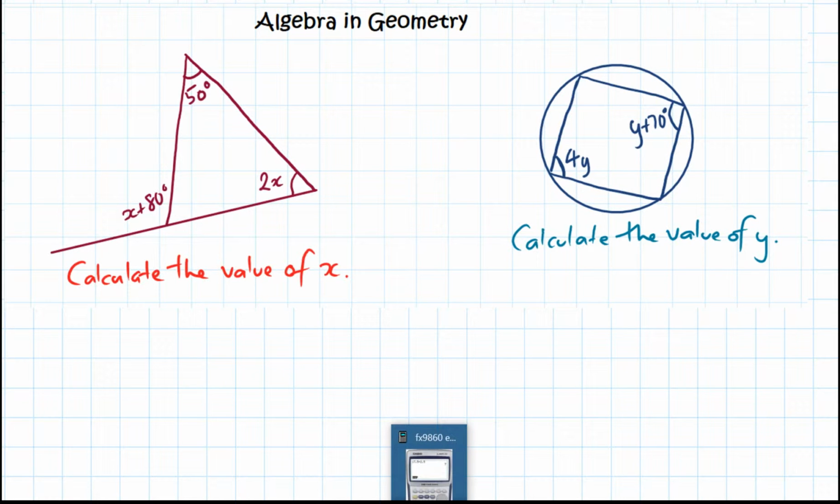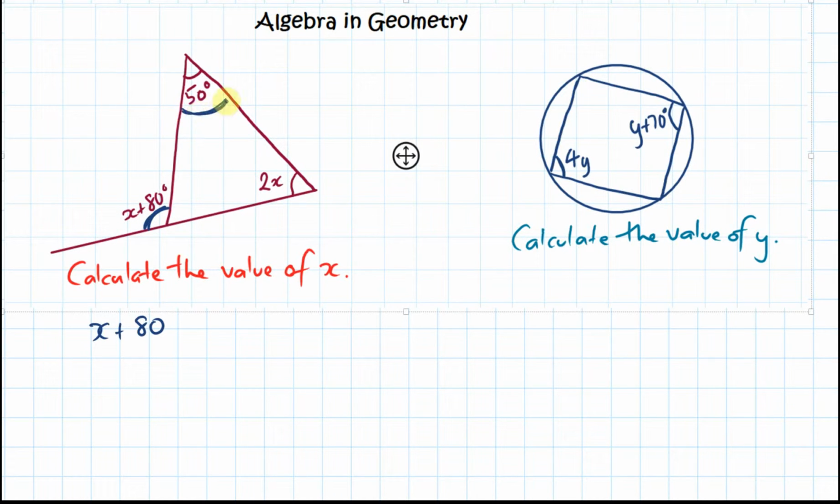With this rule, we have an opposite exterior angle, x plus 80, that is equal to the sum of the two opposite interior angles. So x plus 80, which is this angle here, is equal to 50 plus 2x.